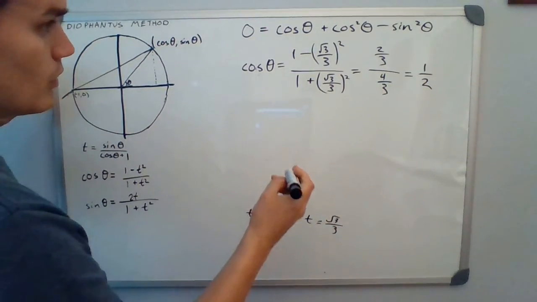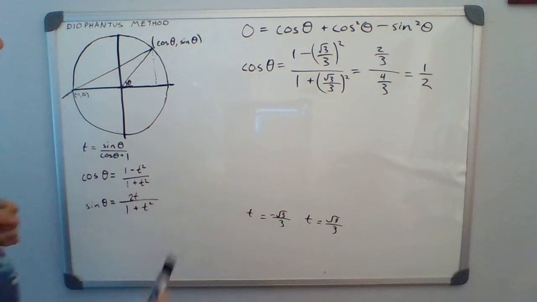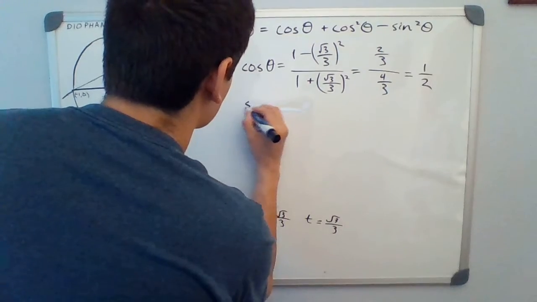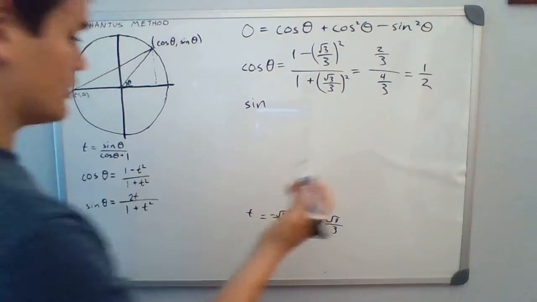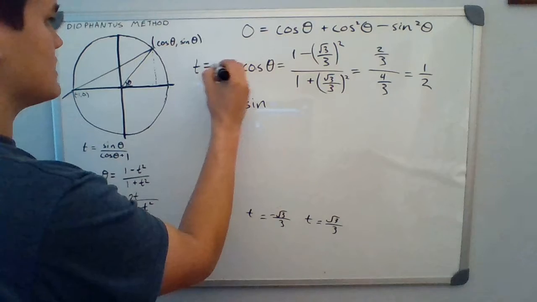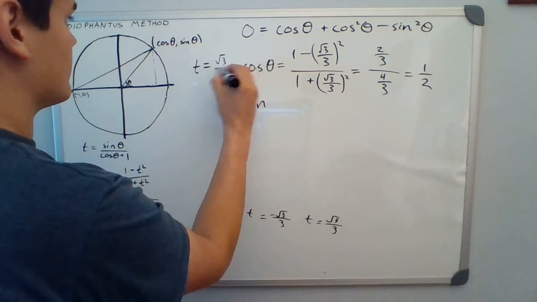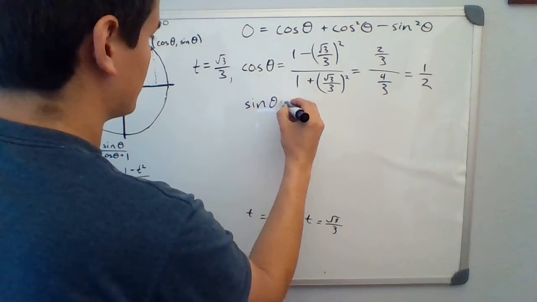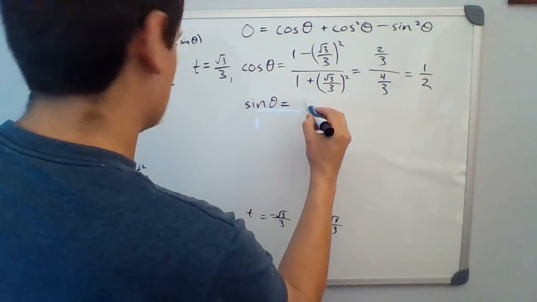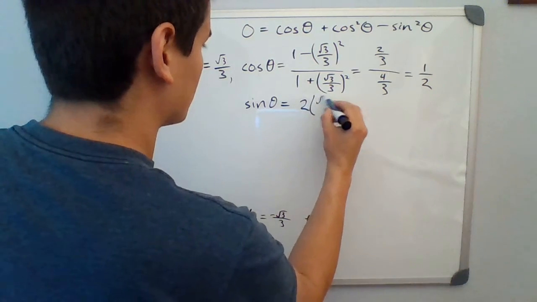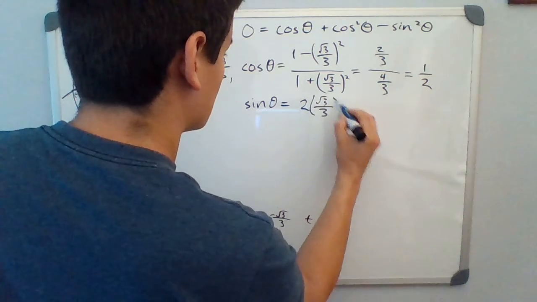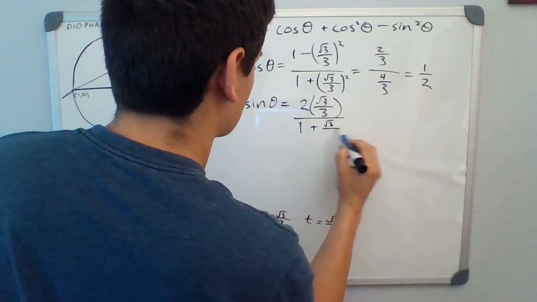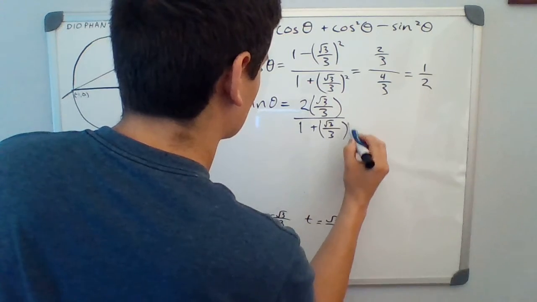Okay. What about the other case for negative? The negative case. Well, let's solve for sine theta first, and we'll do the negative case after. So I'll say this is for t equal to square root of 3 divided by 3, and then sine theta is going to be 2 times the square root of 3 divided by 3, divided by 1 plus the square root of 3 divided by 3, squared.